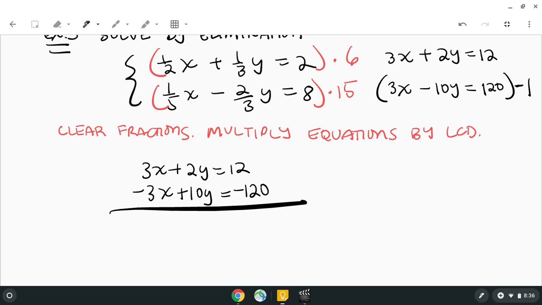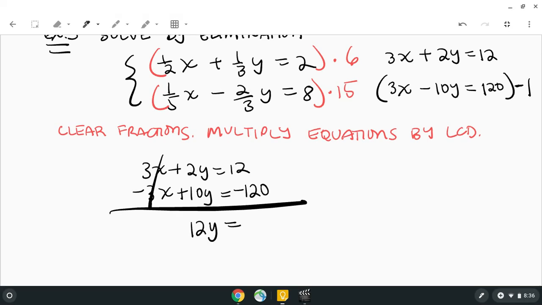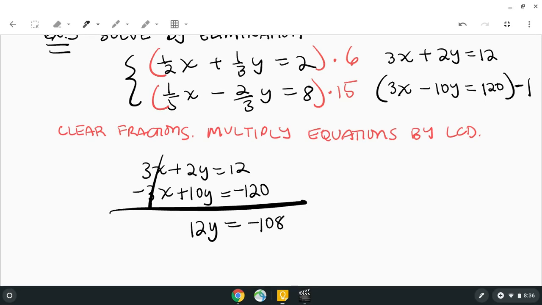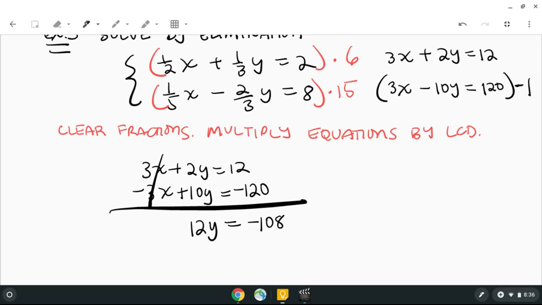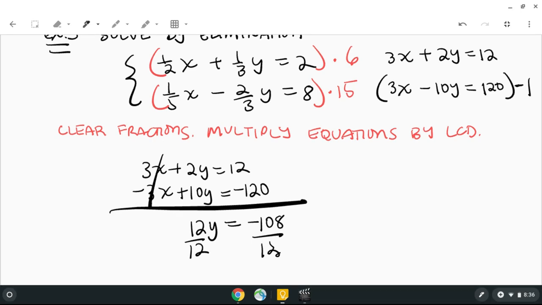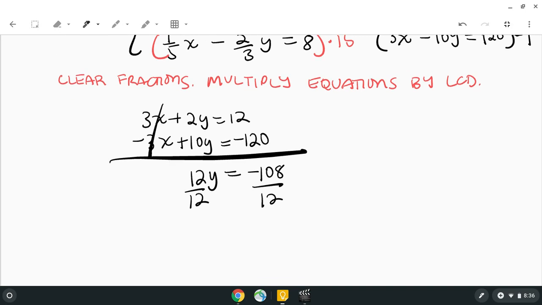Those cancel out, and I get 12y equals -108. Then if I divide both sides by 12, I get y equals -9.